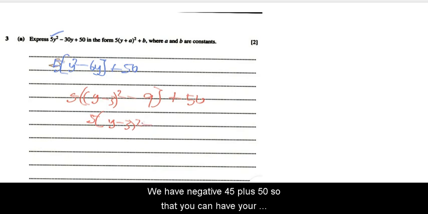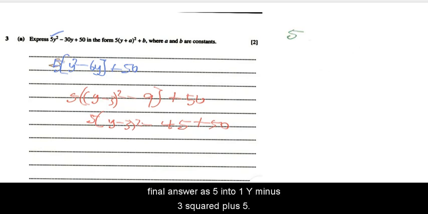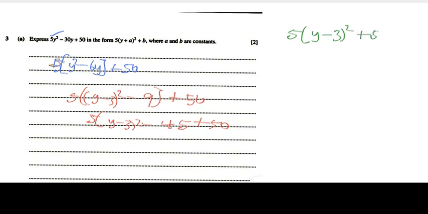We have negative 45 plus 50. So that you can have your final answer as 5 into y minus 3 squared plus 5.